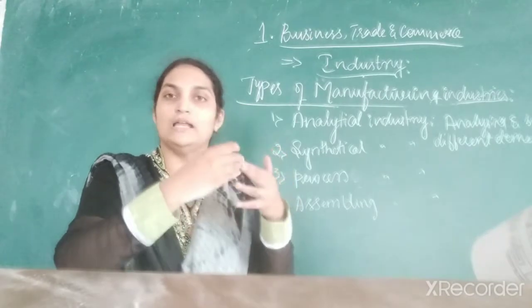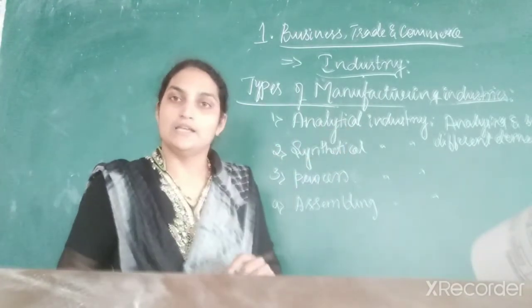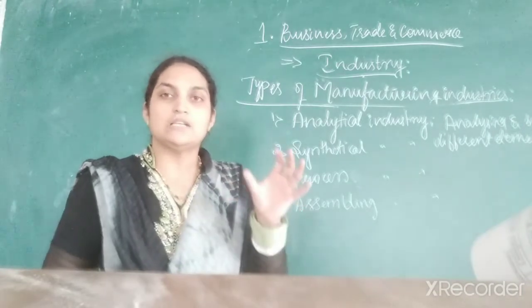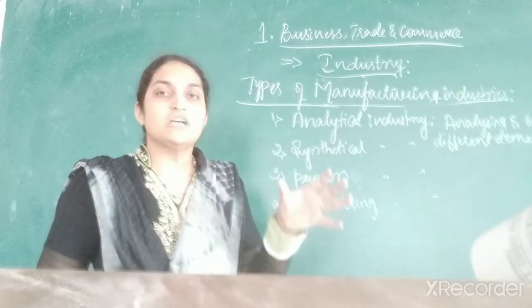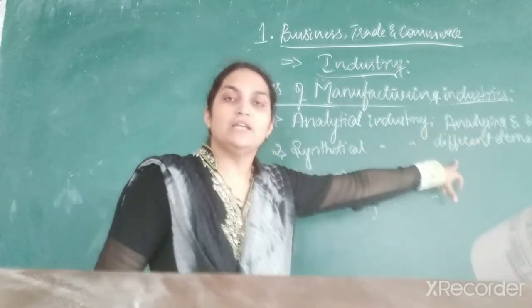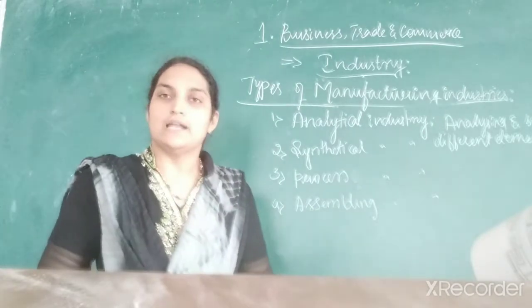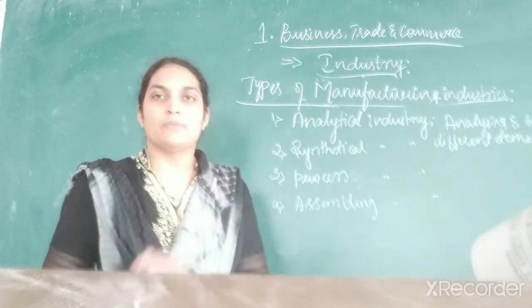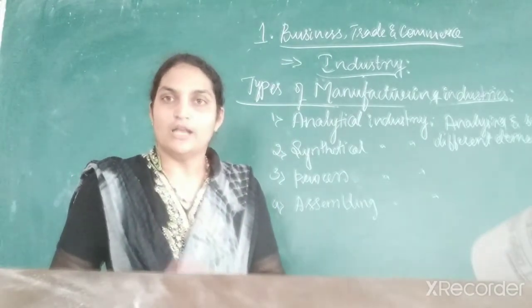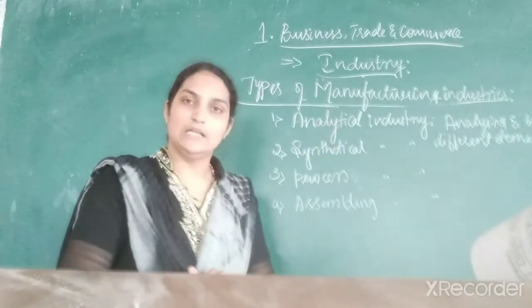These four elements will be separated. It is called analytical industries. So analytical industries are those industries which are concerned with analyzing and separation of different elements from the same raw material. Example is oil refinery, or you can say crude oil. That is what analytical industries are.